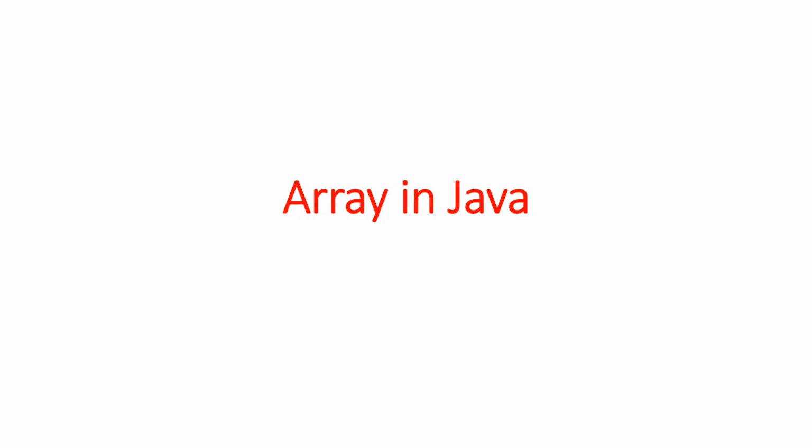Today we are going to learn arrays in Java. So first of all, we'd like to understand what exactly an array means. Let me increase the font. Array: you might have learned it in C or C++.